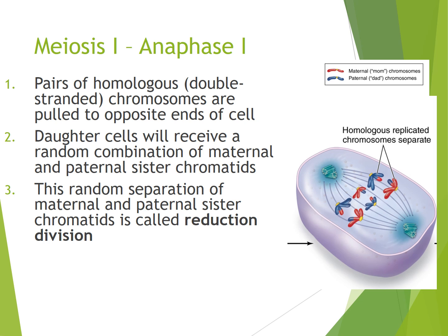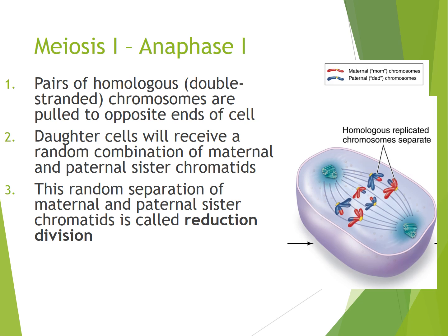Following metaphase, we enter anaphase 1, where the homologous pairs of chromosomes separate and are pulled to opposite ends of the cell, based on that division at the equator in metaphase. The chromosome pairs begin to separate, and this is known as the reduction division because each daughter cell only receives 1/2 of the starting number of chromosomes.